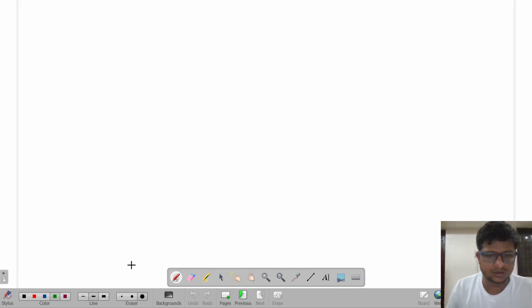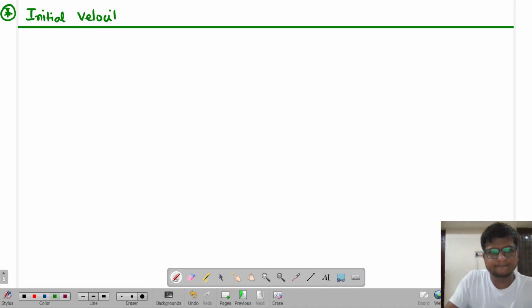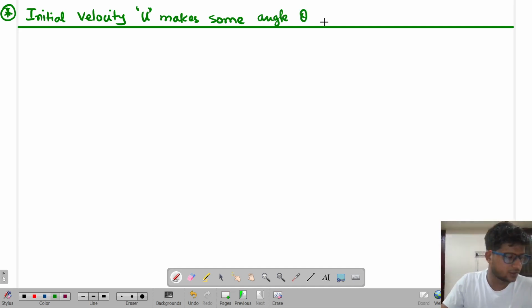One important approach of the magnetic field: what happens if the initial velocity u makes some angle theta with the magnetic field?